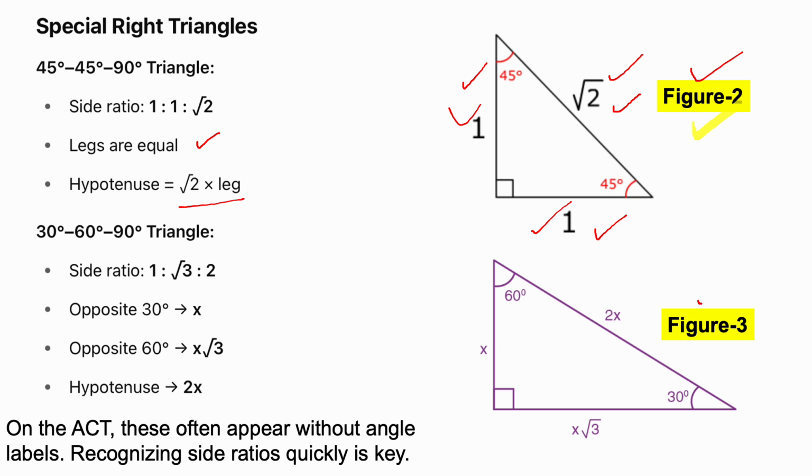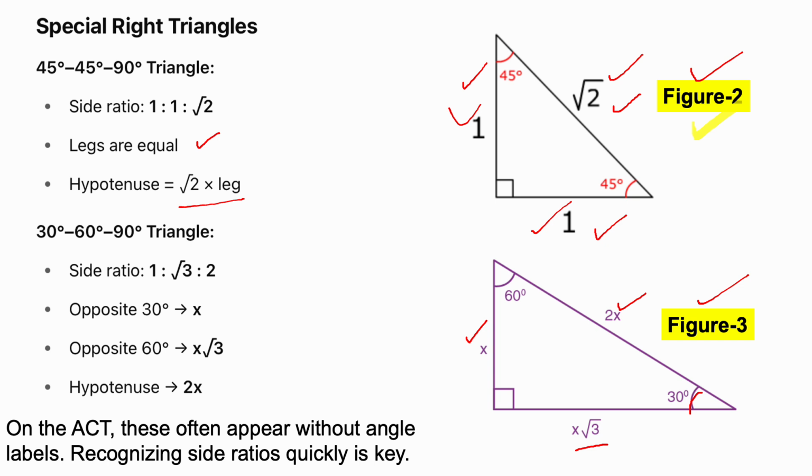Now, look at figure 3, the 30-60-90 triangle. In this case, the side opposite to 30 degrees is the shortest and is labeled as x. The side opposite to 60 degrees is x multiplied by square root of 3, and the hypotenuse is 2x.